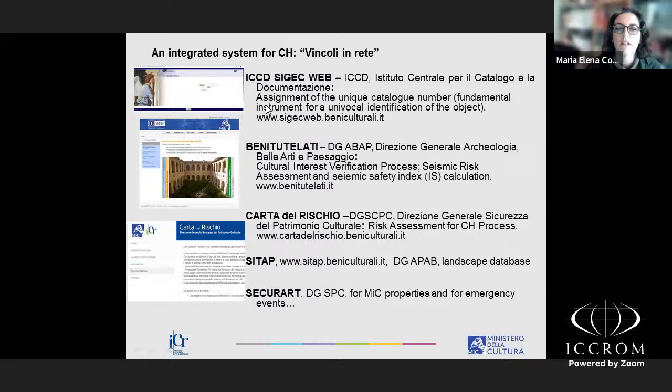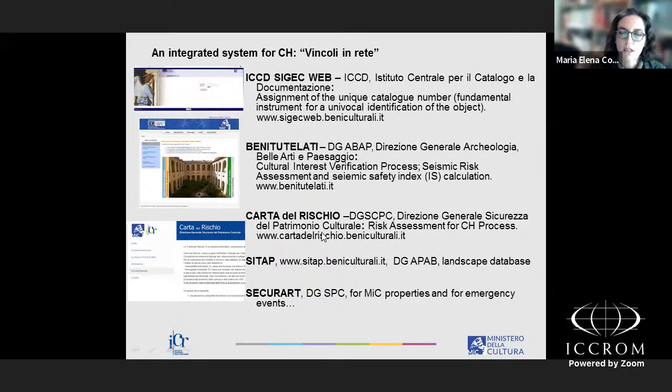The first one is the catalog. Every one of them comes from different offices of our ministry. The catalog is very important for monuments because it can give us the unique catalog number, a fundamental instrument for a univocal identification of the object. Then there is Beni Tutelati, which gives us all the cultural interest verification processes and all the private decrees that are created for protection of private monuments.